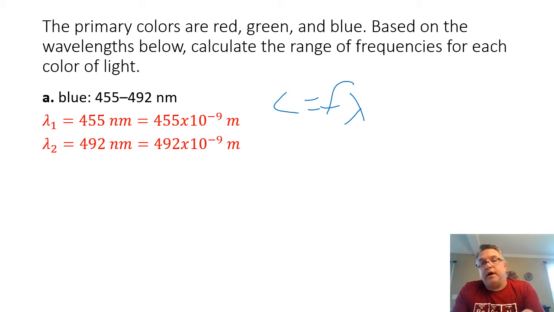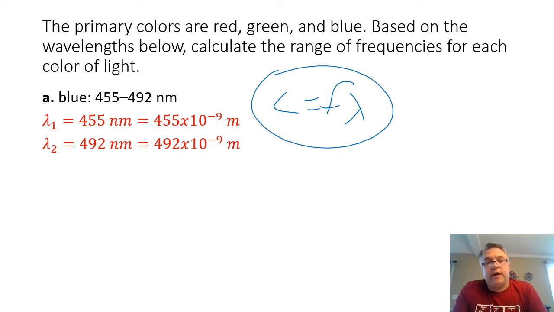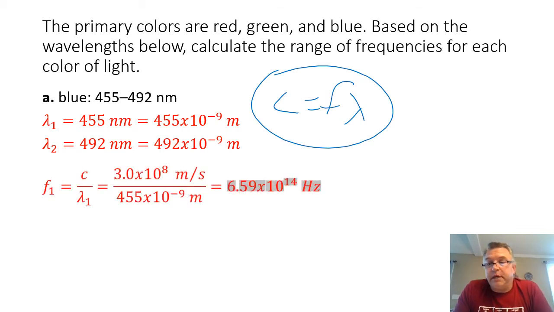Now to take my wave speed formula and solve that for frequency, the frequency is going to equal the speed of light divided by the wavelength. And my speed of light, as always, my universal speed limit, is 3.0 times 10 to the 8th meters per second. When I divide that by my first wavelength of 455 times 10 to the minus ninth meters, I am going to have a frequency of 6.59 times 10 to the 14th hertz.